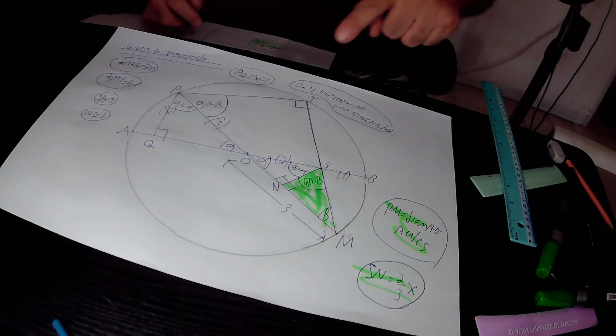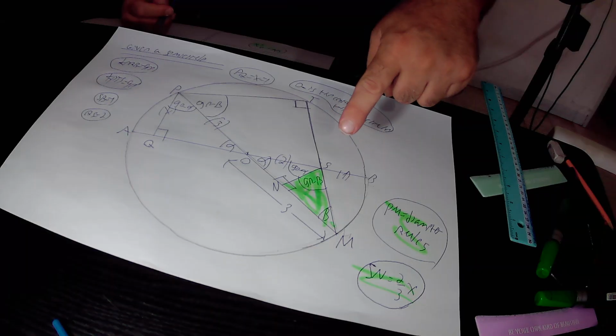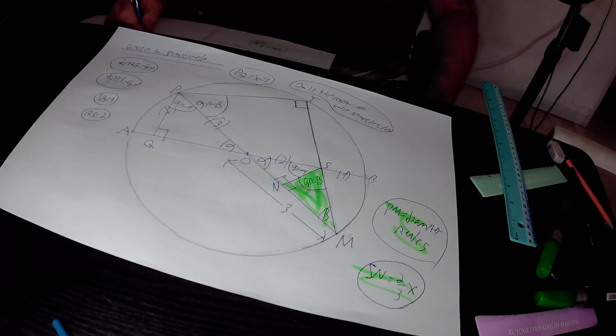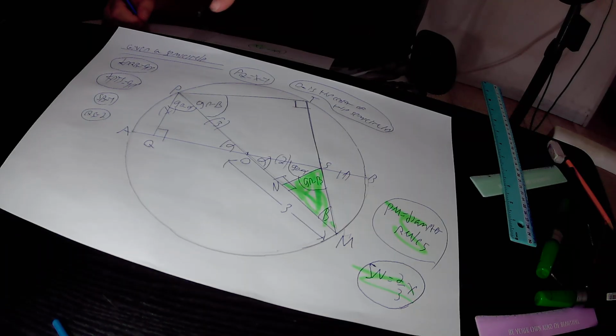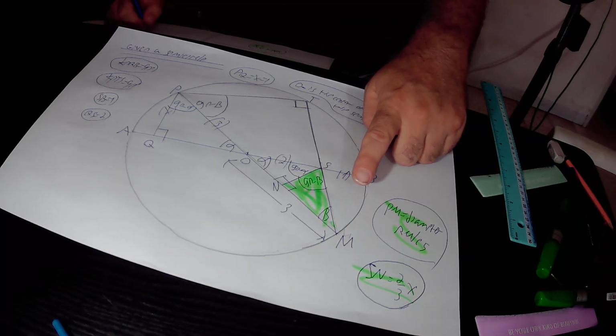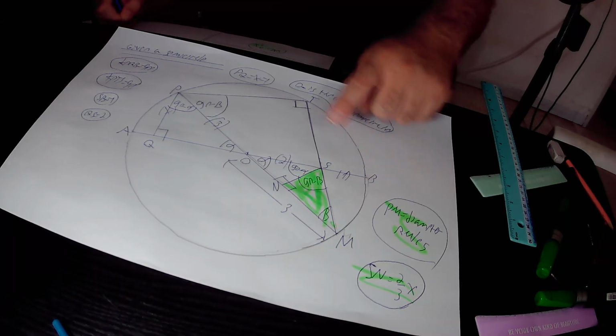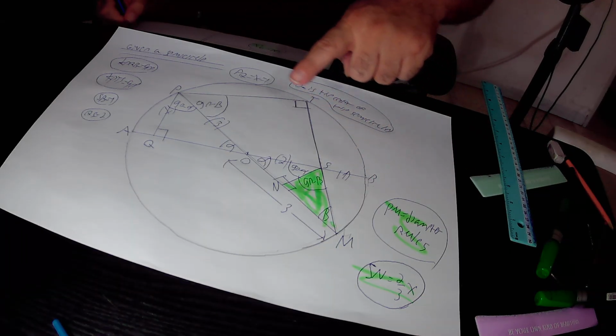We will derive that side SN of the small green triangle NSM over side PT of the big right triangle PTM is equal to side SM of the green small right triangle NSM over side PM of the big right triangle PTM.